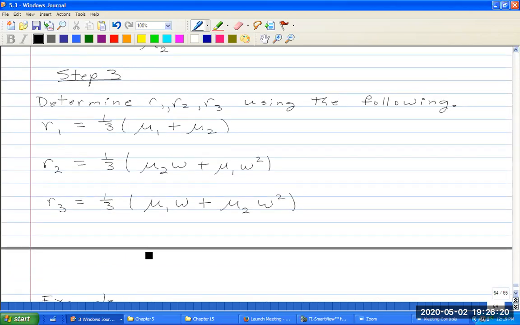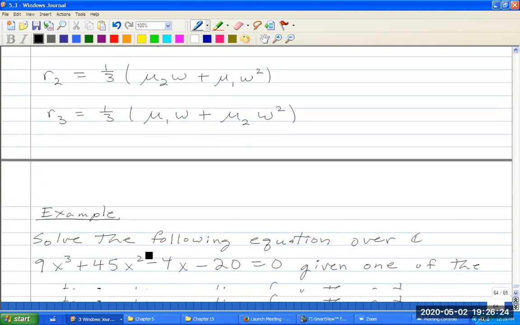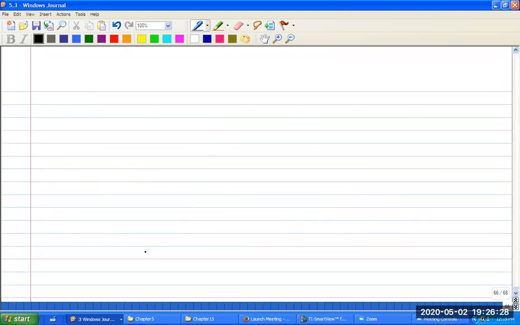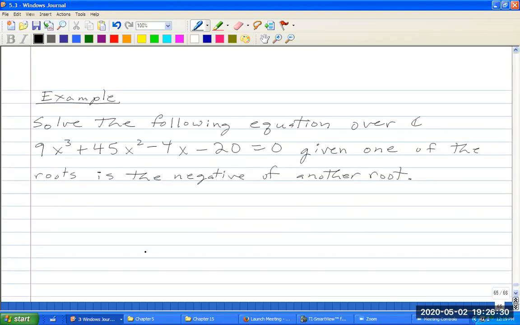So lastly, let's just do this. I want to solve the following equation over the complex numbers: 9x cubed minus 45x squared minus 4x plus 20 equaling 0.